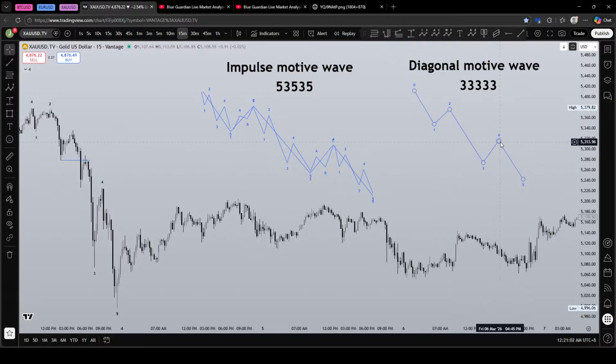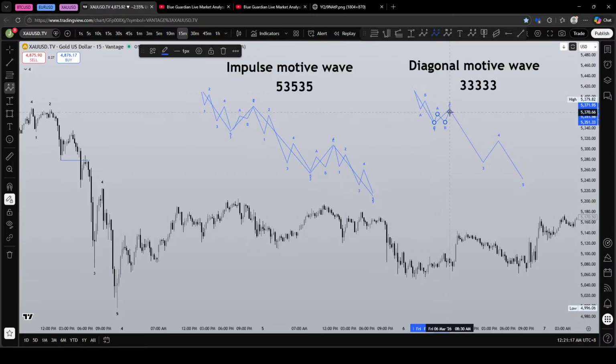This motive wave is composed of five sets of ABCs, meaning we have here ABC for wave 1, ABC for wave 2, ABC for wave 3, ABC for wave 4, and then another ABC for wave 5.